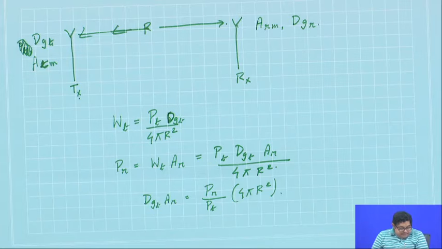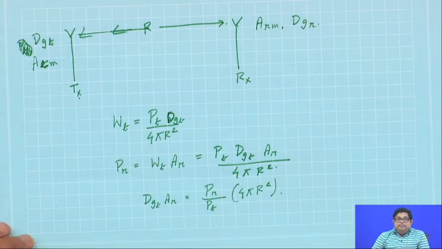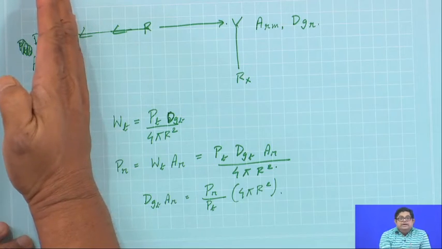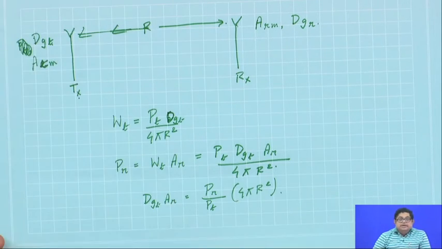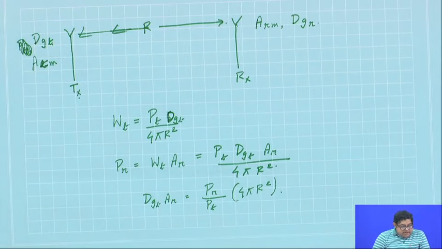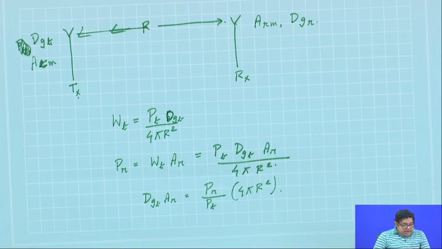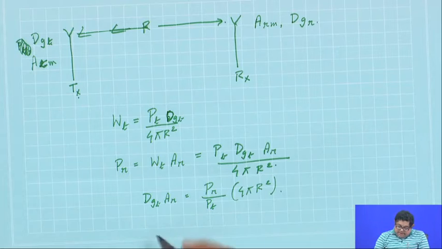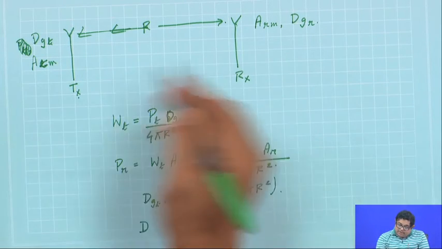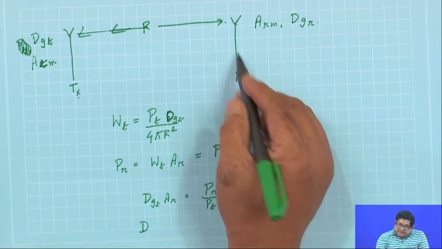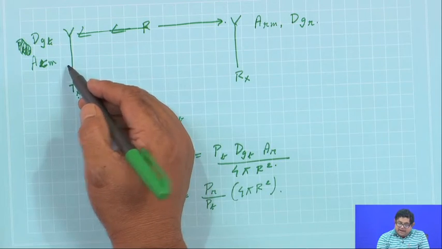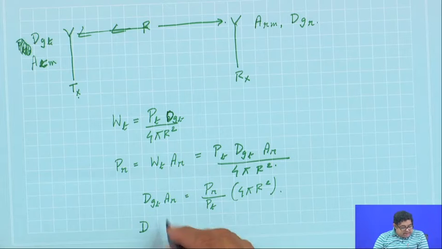So, I say that if antenna 2 is now used as a transmitter, and this one as a receiver, and the intervening medium is linear, passive and isotropic, that means whatever is called a simple medium, then now this is transmitting PT, this is receiving PR, the things are the same.